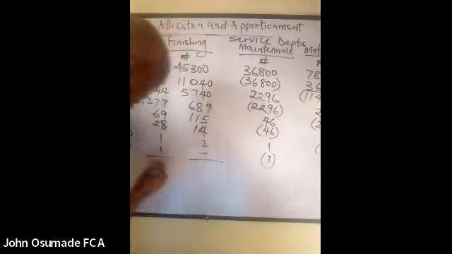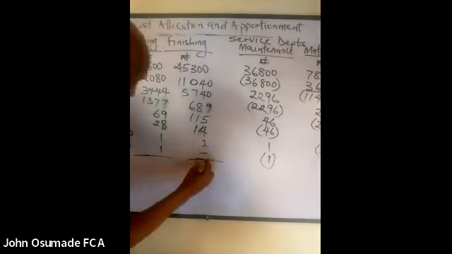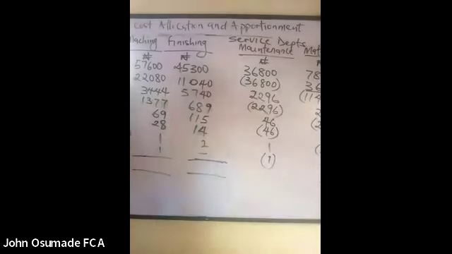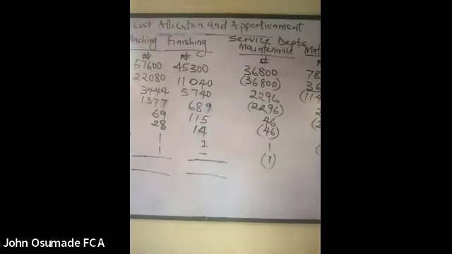So we have apportioned all the cost of the sales department to the production department. We now add up the total amount of production department that we will use to prepare our ledger account. Are we there?